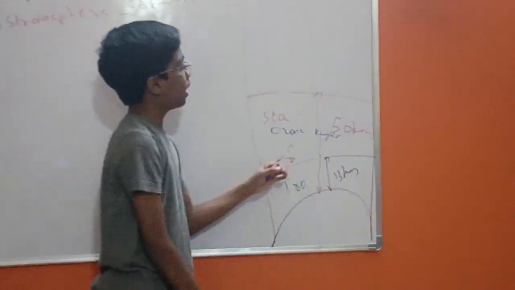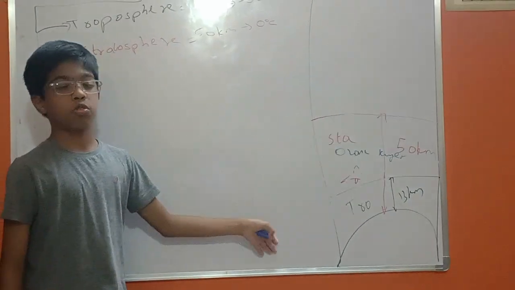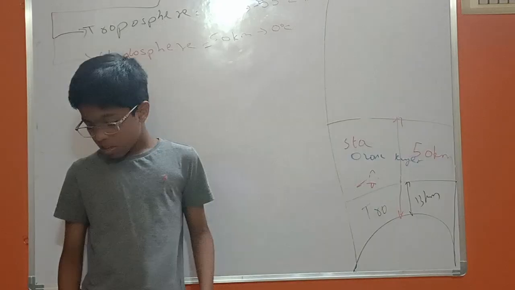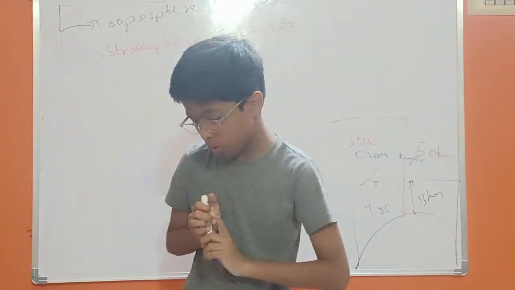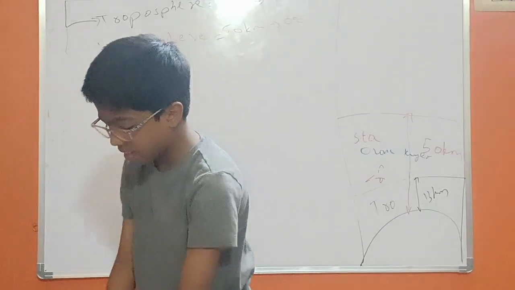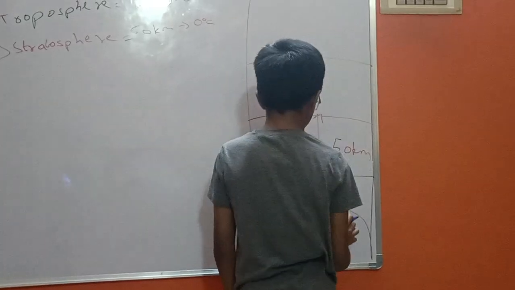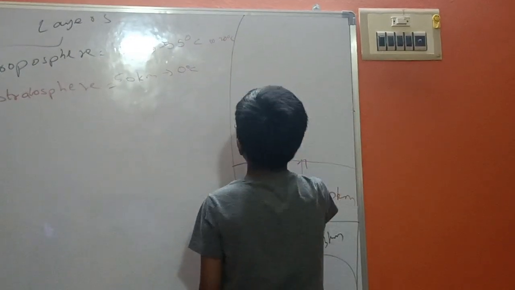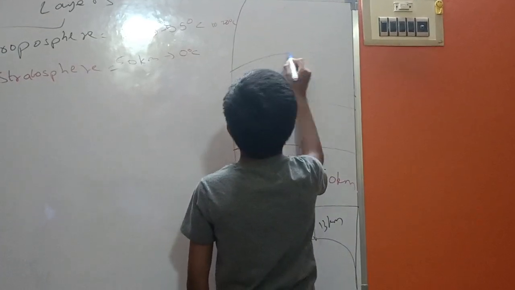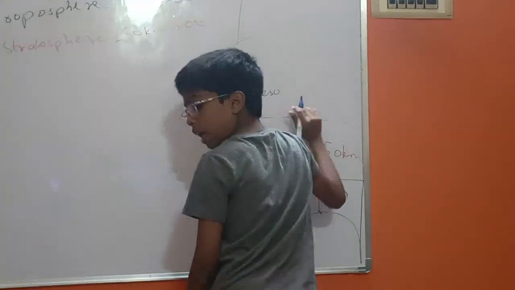What is the ozone layer and how is it helpful? The ozone layer is a layer surrounding the earth which protects us from the UV rays. Next layer is the mesosphere.